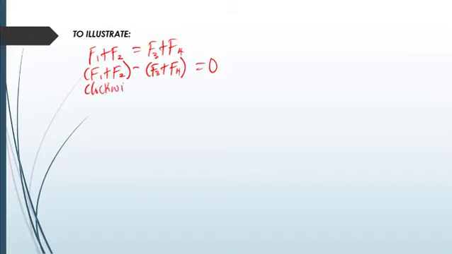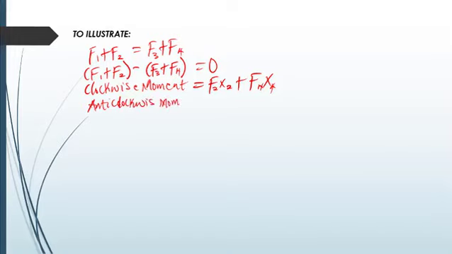Also, we have clockwise moments, which is equal to F2 times x2, please, plus F4 x4, and then the anti-clockwise moment, which is equal to F1 x1 plus F3 x3.